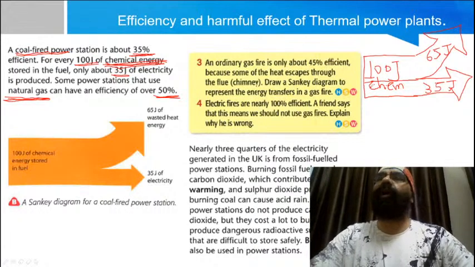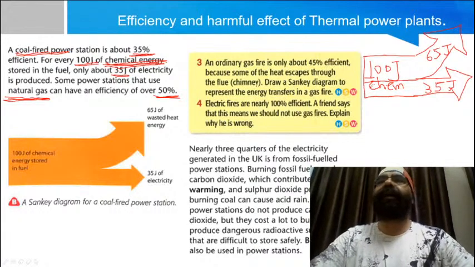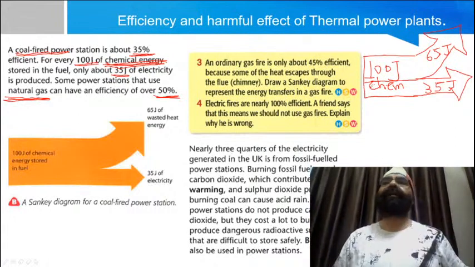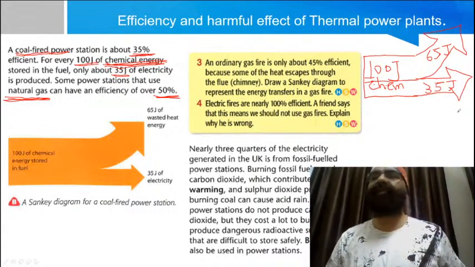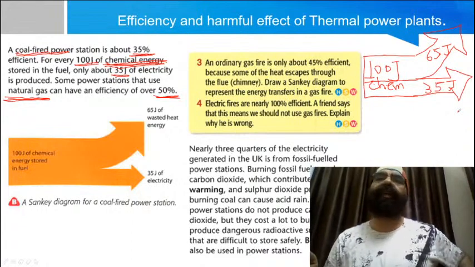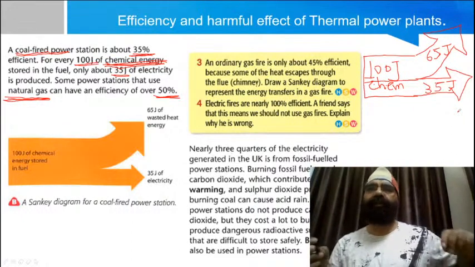If I have to draw a Sankey diagram, I divide it into two parts. One showing a greater portion, 65%, showing that almost 65 joules of energy is wasted, and the other showing that 35 joules of energy gets converted into useful electrical energy.